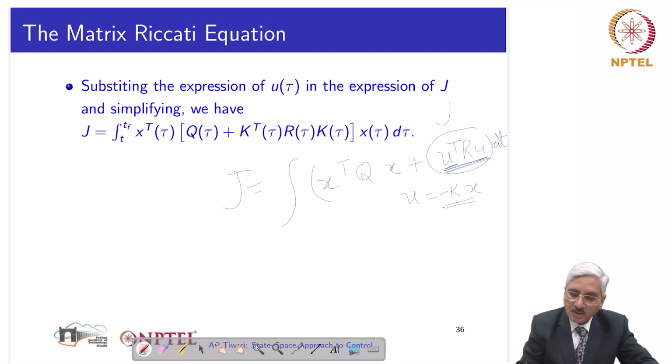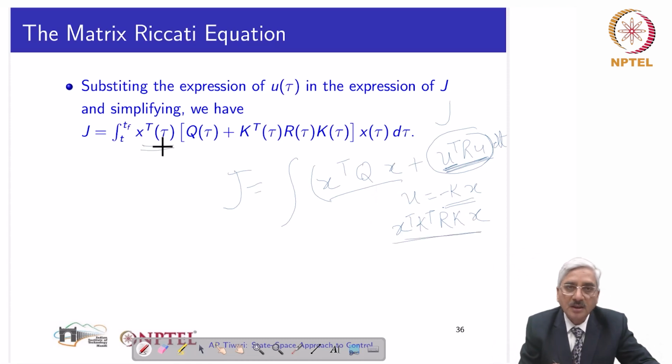So this term U transpose RU gives X transpose K transpose RKX. And the whole thing, X transpose comes out on the left, X comes out on the right, and what is left in the middle is Q plus K transpose RK.